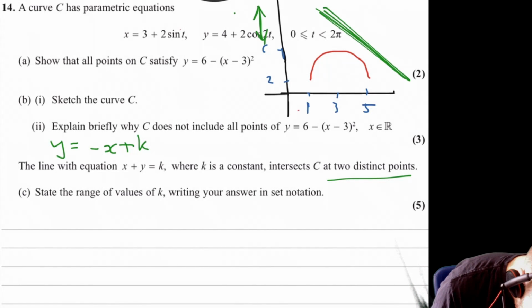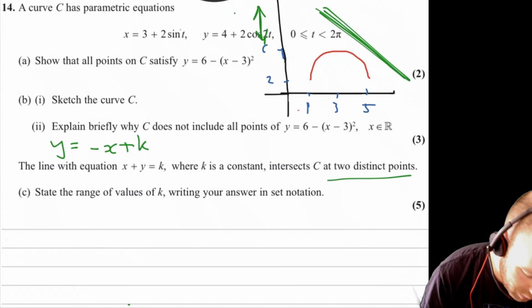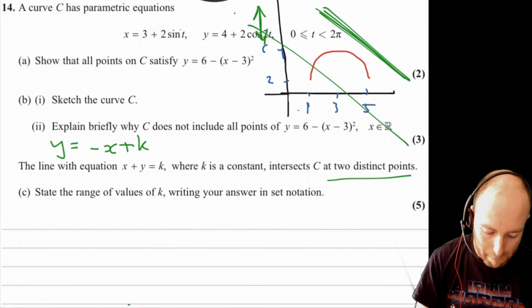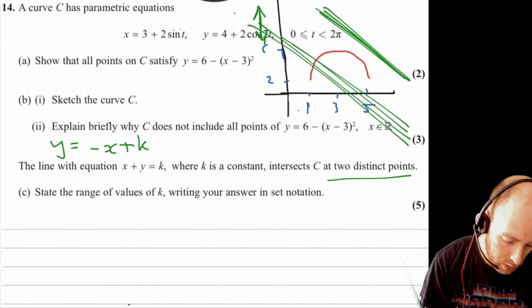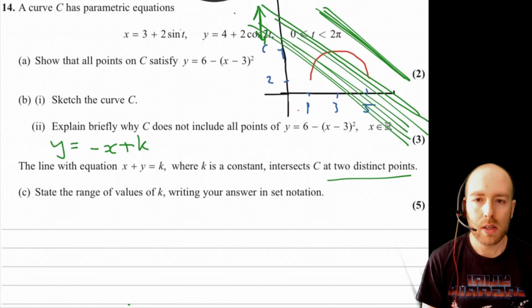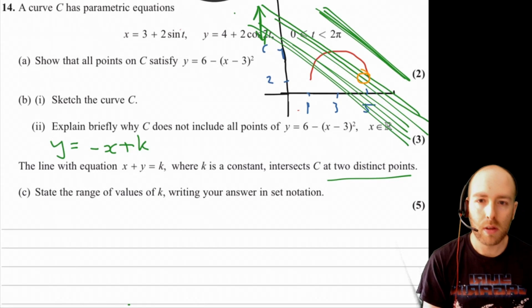For it to cross the curve, actually, let's go back. The lowest point where this can cross it twice, if you imagine at that point there, it only crosses once. Here it only crosses once. It finally gets it twice at that point. So that's the point where it goes through 5, 2.